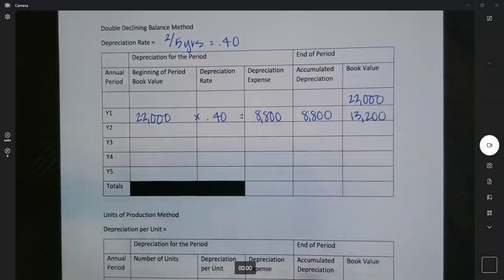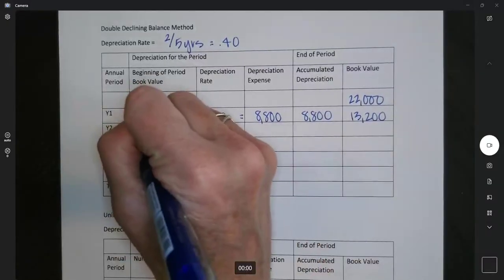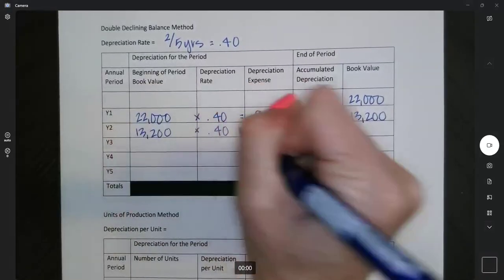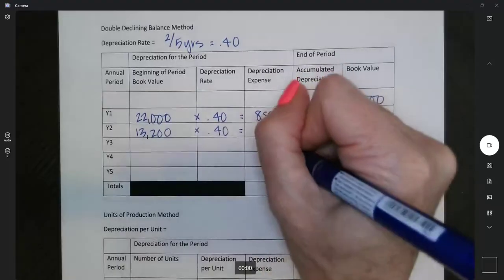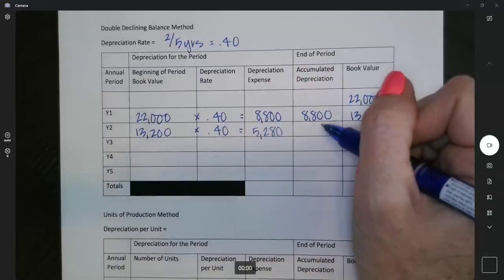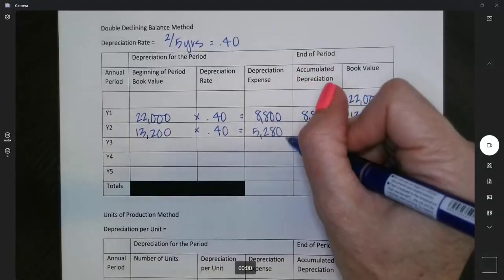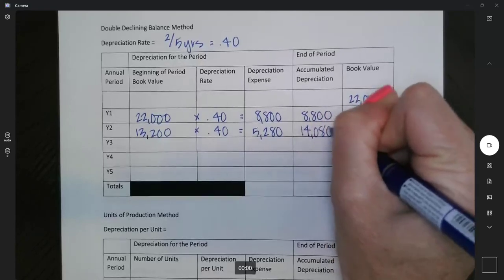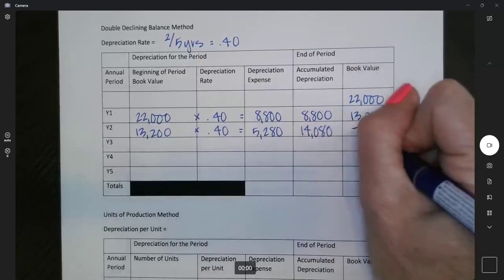In year 2, we're going to carry that 13,200 over here. We're going to multiply it times 0.40. We're going to get 5,280 in depreciation expense that year. Accumulated depreciation is 8,800 plus 5,280. We're now at 14,080. And our book value is now 7,920.